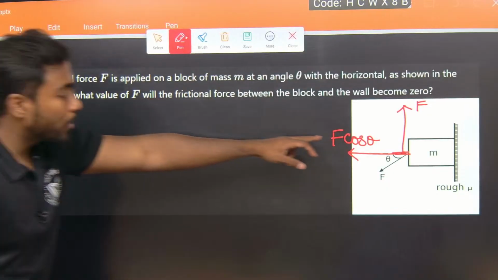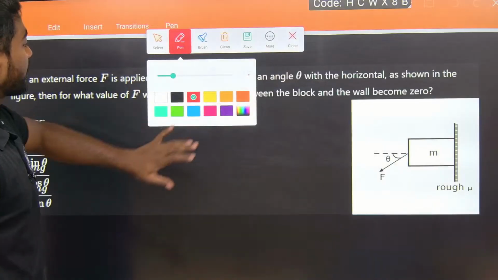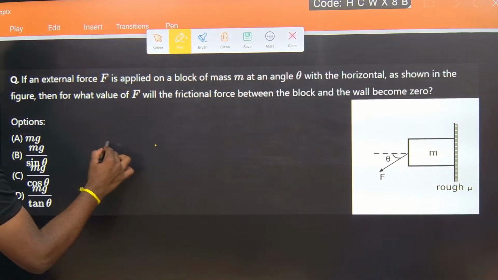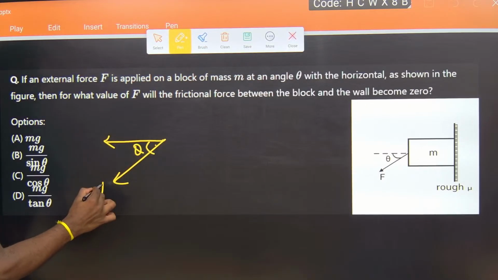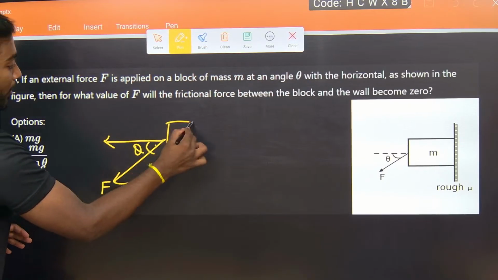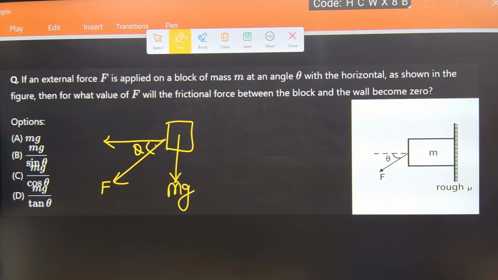Downwards, I'll draw here to make it clear. This is the angle theta made by F. Obviously the block has the weight mg.